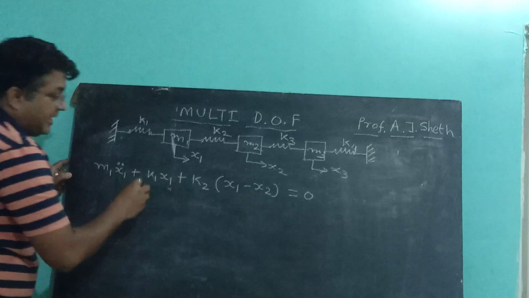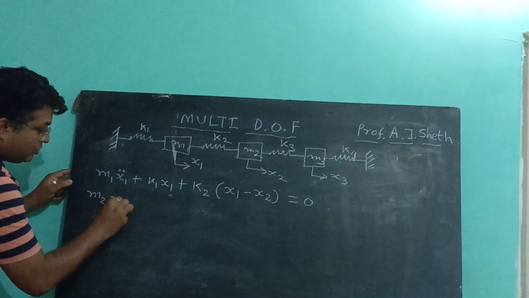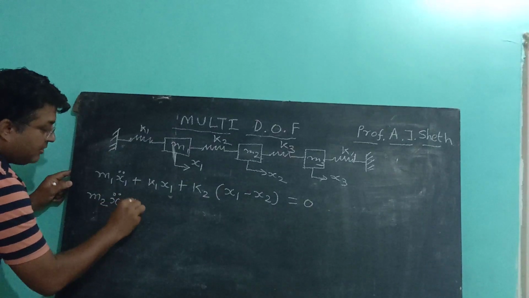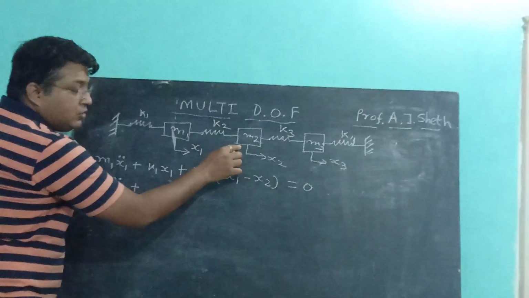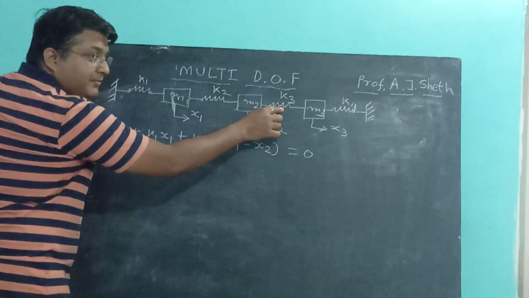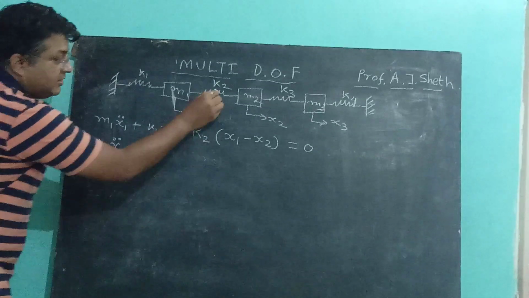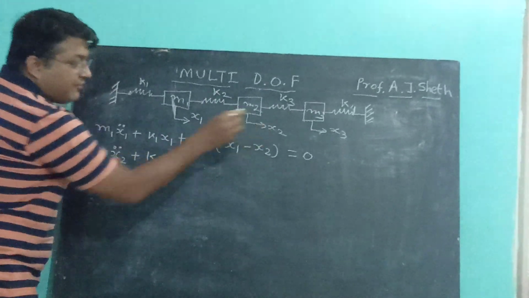Now likewise we write the second equation of motion: m2 x2 double dot plus k2 and k3, both connected with mass m2. Can we say k2 is strictly under the influence of x2?